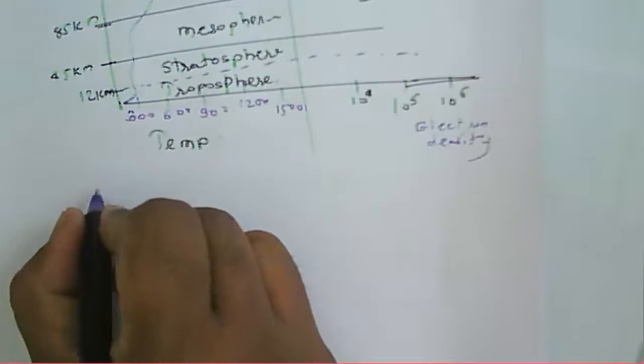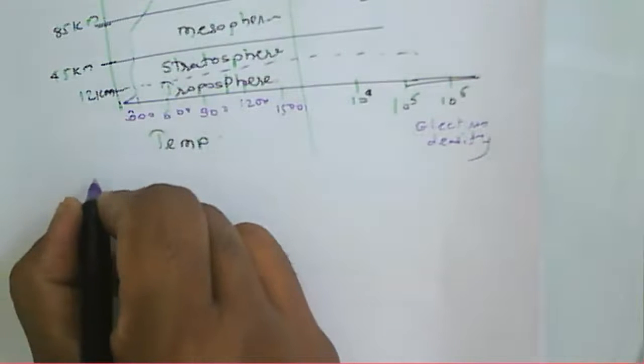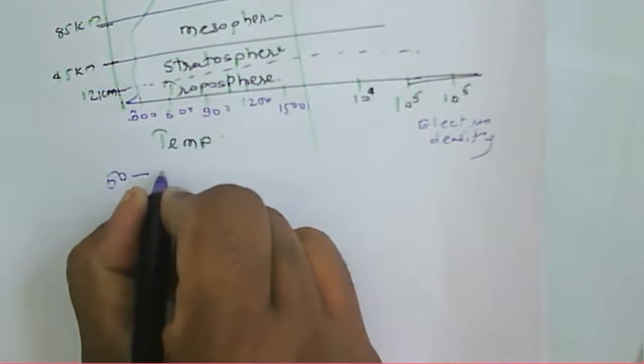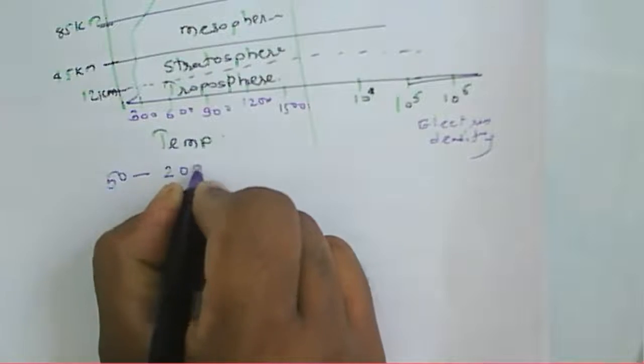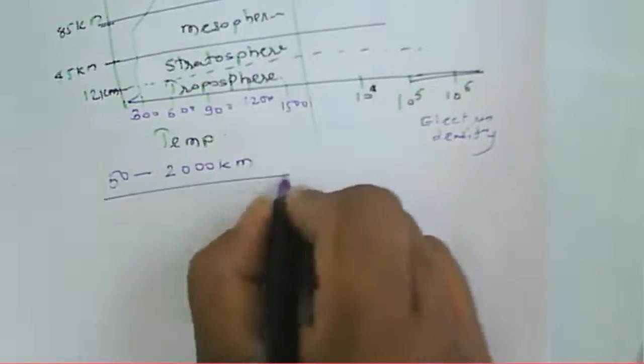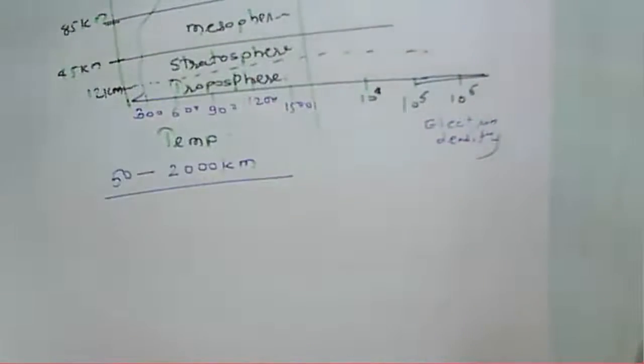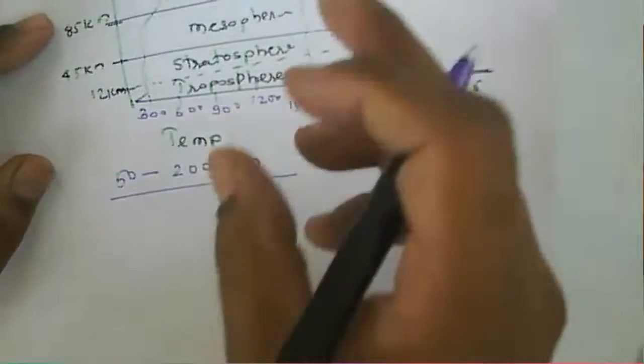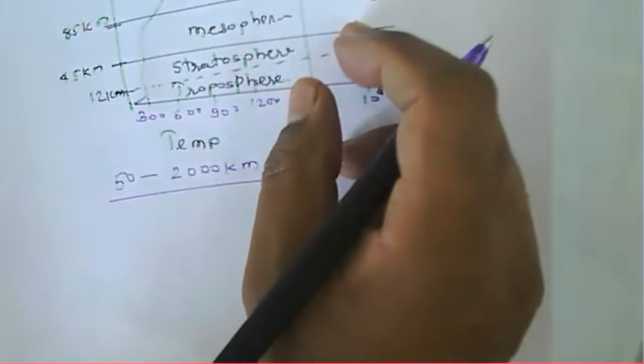In general, we say the ionosphere layer is from 50 to 2000 kilometer, but the D layer, E layer, and F layer will be in between, what we mentioned earlier, up to about 500 kilometer.